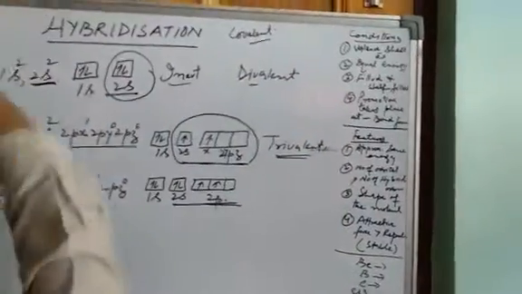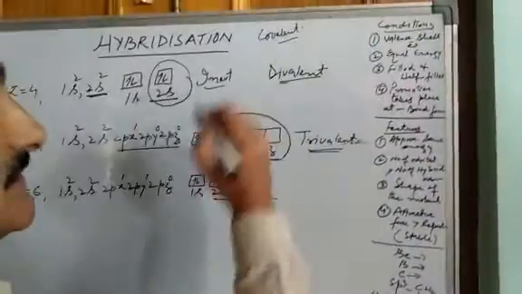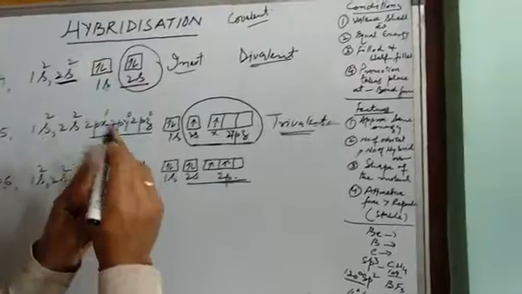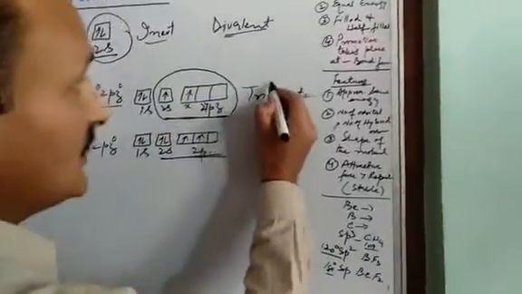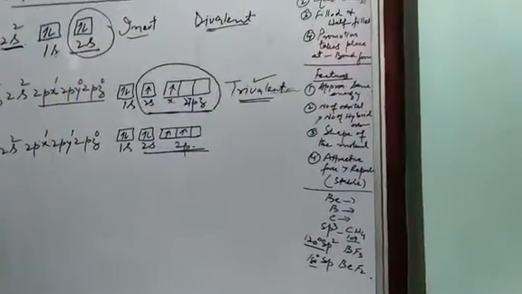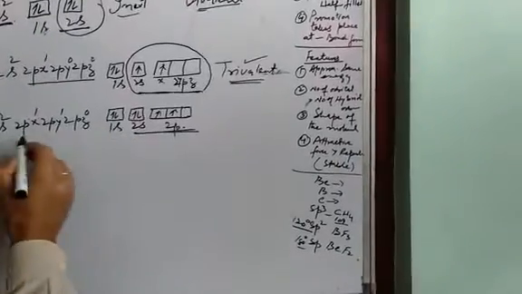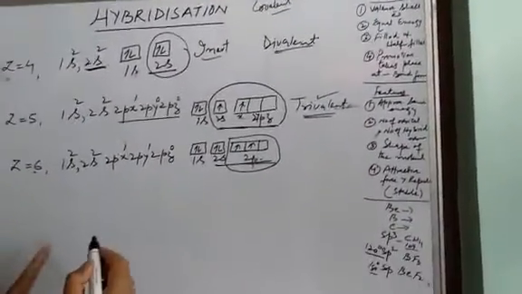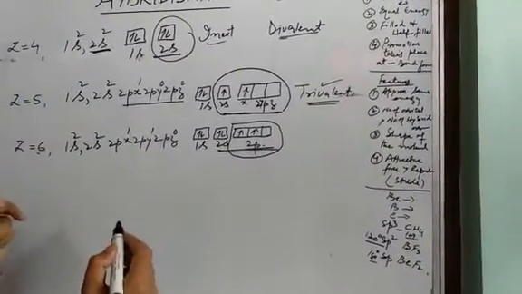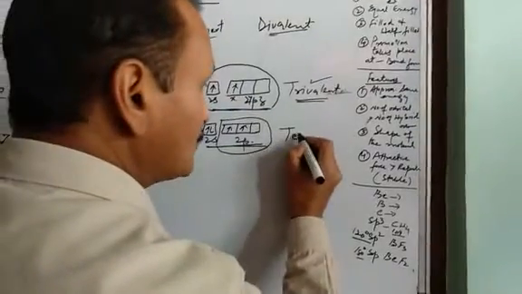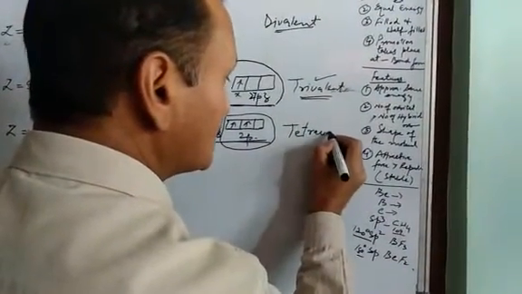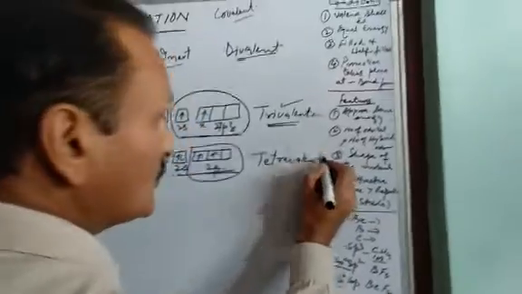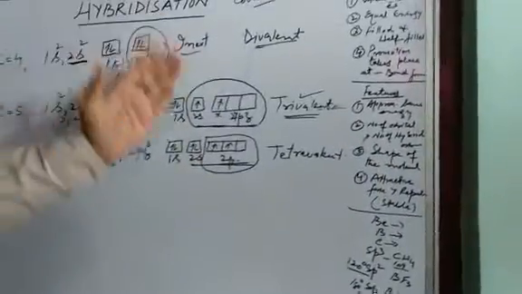Similarly, when boron combines with other elements to form compounds, it is trivalent. As far as carbon is concerned, we find only two half-filled orbitals here. But we know that carbon is not divalent. It is tetravalent. It should have 4 half-filled orbitals. So, in order to address this problem, there is a concept of hybridization.